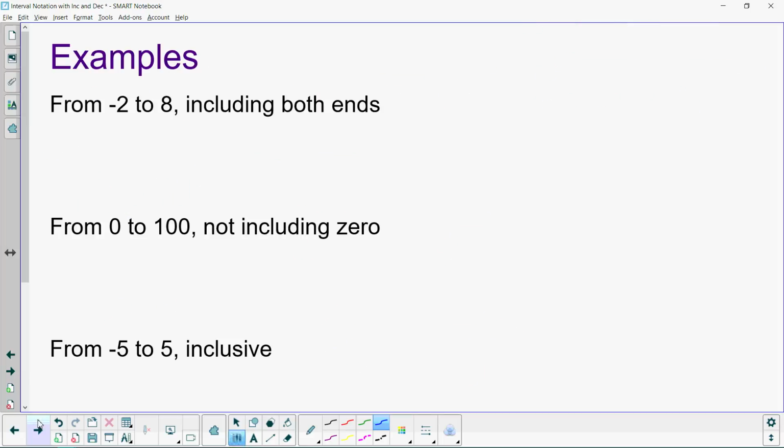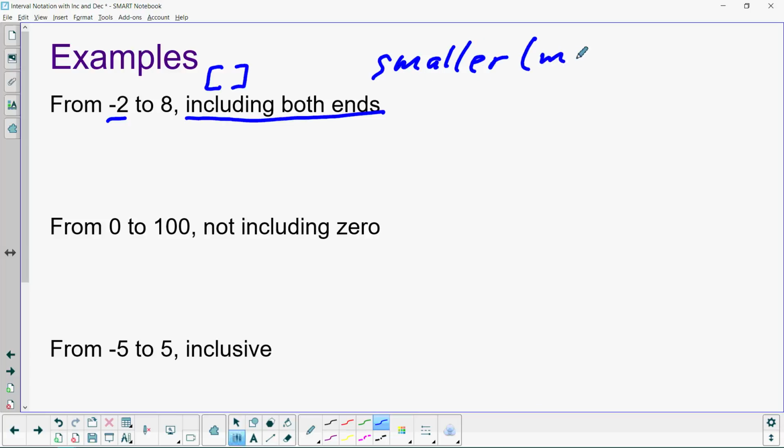Let's look at a couple of examples in words and make sure we can write these in interval notation. Our first one says from -2 to 8, including both ends. Including means we're going to use brackets. Always put the smaller number on the left side, and when I say smaller, I mean more negative. So because we're including, we'll use brackets, and we put our negative number first.